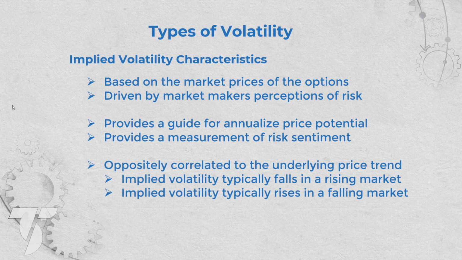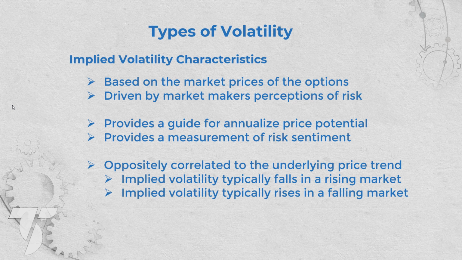What is that implied volatility number actually telling us? What does that percentage represent? It represents an annualized price potential. They're looking at those options and saying, what is the potential for this particular instrument to go up or down over the next 12 months? And of course, you can take that annualized number and slice it into smaller slices.